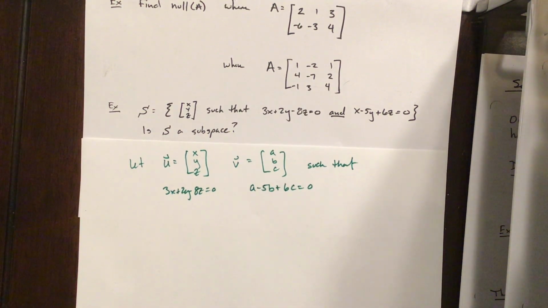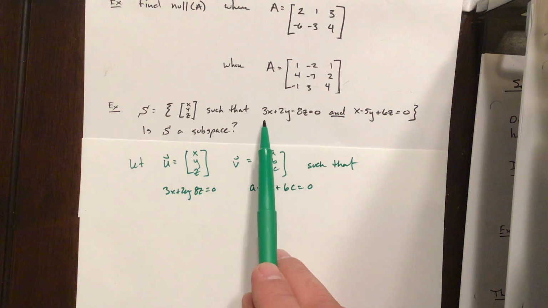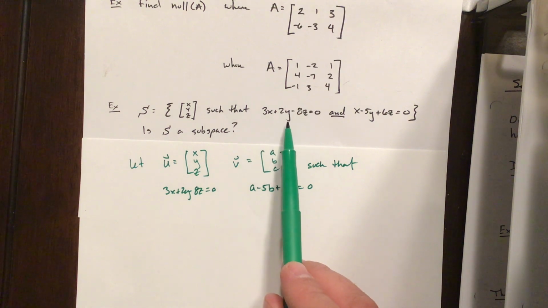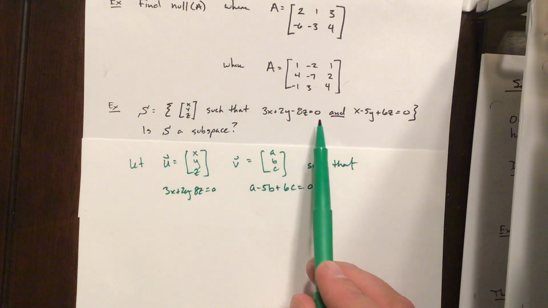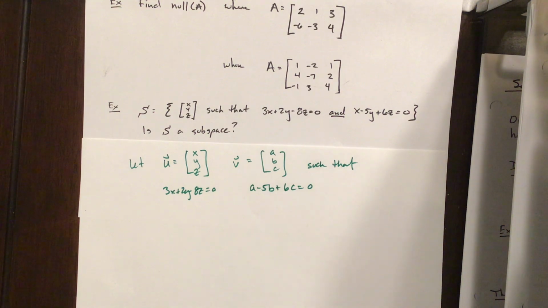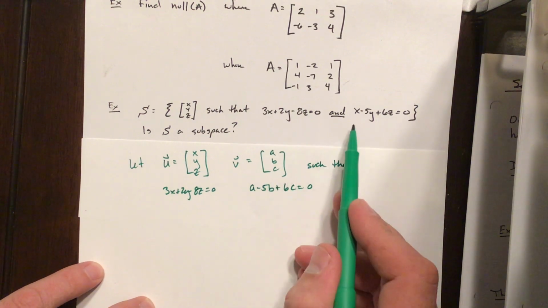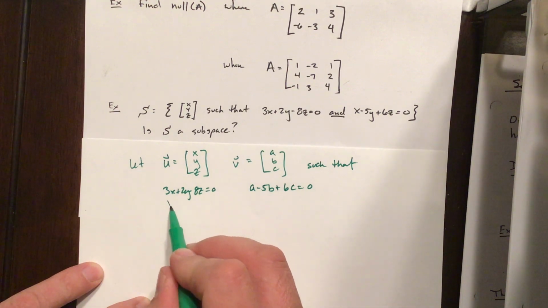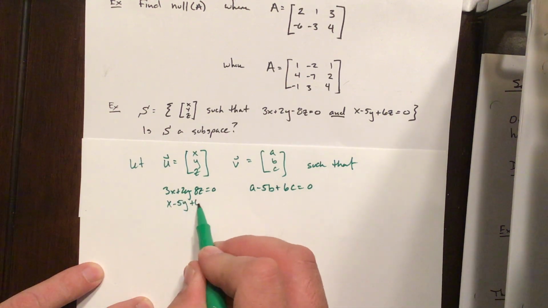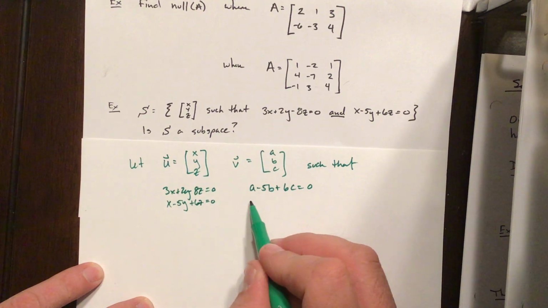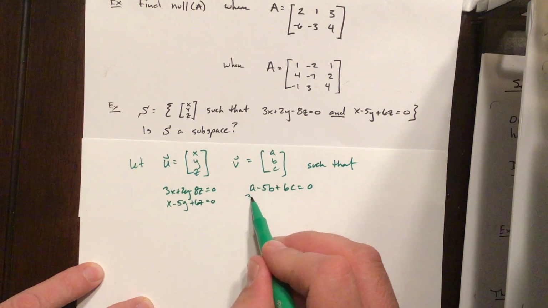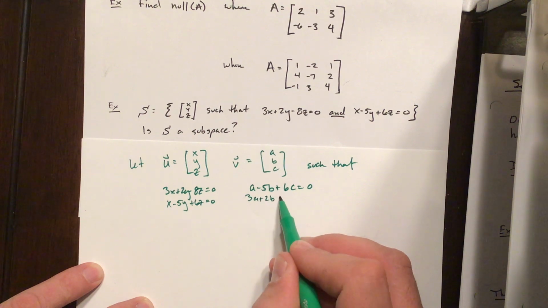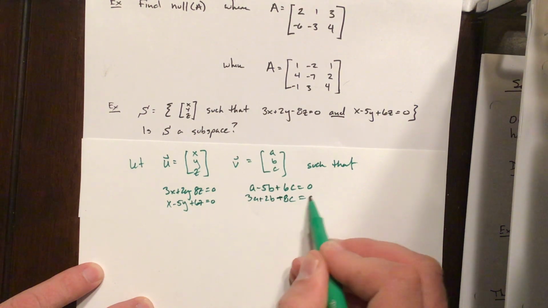Okay, again, they're just two vectors in our set, and because they're in our set, they have the property that 3 times the first component plus 2 times the second component minus 8 times the third component is equal to 0. And looks like that x minus 5y plus 6z is equal to 0, and that 3a plus 2b minus 8c is equal to 0.